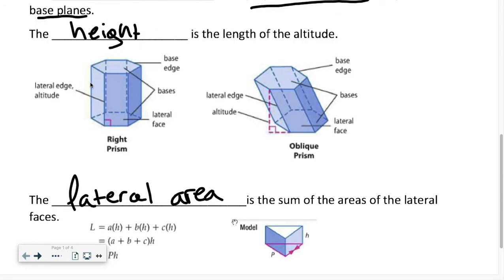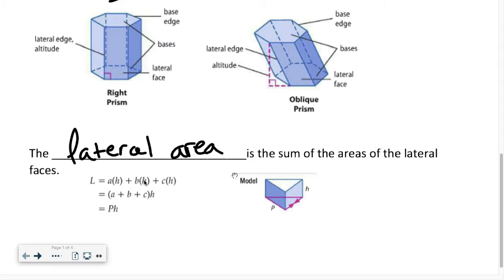If we look at this hexagonal prism, there are 6 lateral faces. Add up the area of each lateral face. In this triangular prism, where the base is a triangle, you have 3 lateral faces. All right, and so the way to find the lateral area of a prism is L equals perimeter times the height. Perimeter times the height.